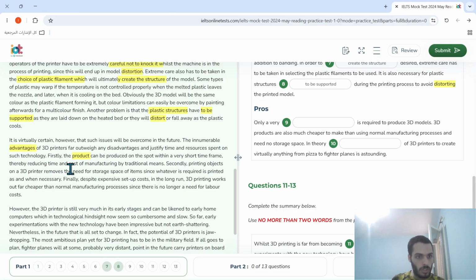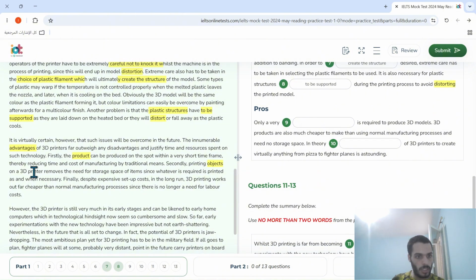Thereby reducing time and cost of manufacturing. This means that secondary printing of objects on a 3D printer removes the need for storage space of items, since only a very small is required to produce 3D models. 3D products are also much cheaper to make than using normal manufacturing processes and need no storage space.